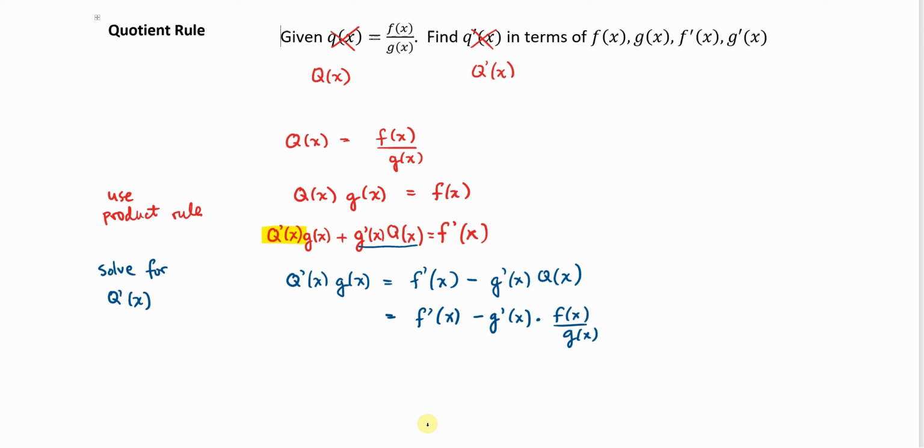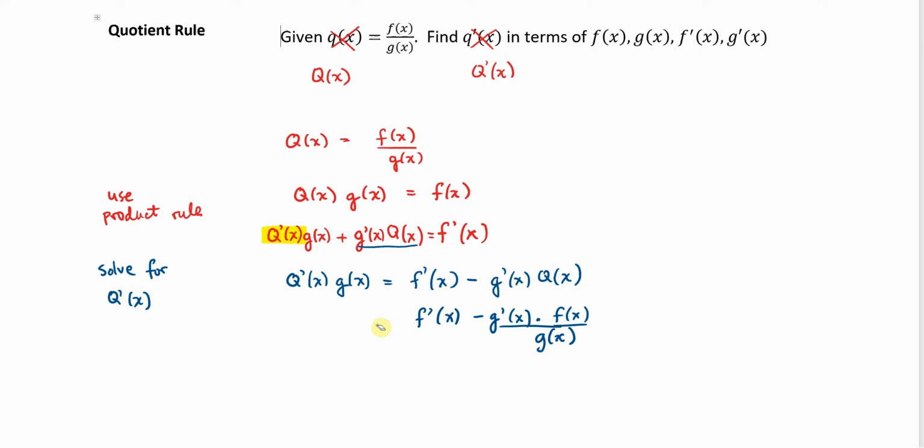And then I'm going to try to get everything to have the same common denominator. So this is a multiplication problem here. So we can actually put this entire expression over g. Okay, so let me just rearrange this a little bit, right? So this is really just g prime times f over g.